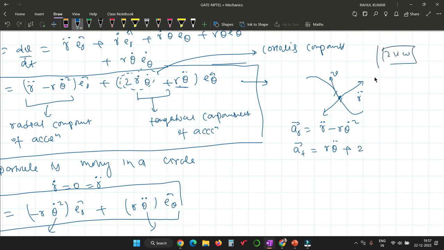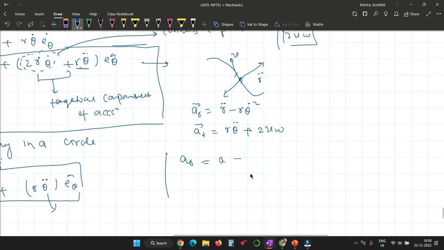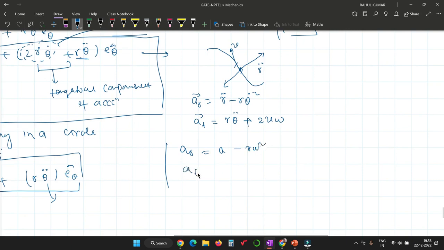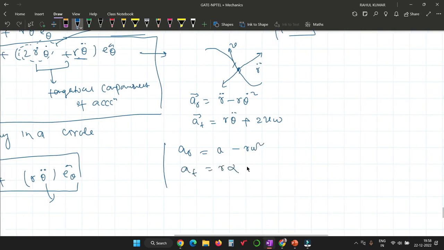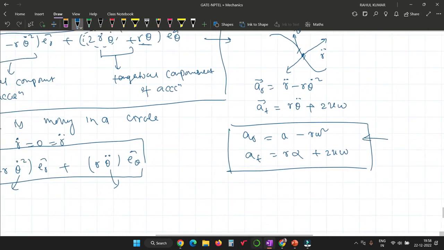In simple terms, a_r is a minus R omega square, and a_t is R alpha plus 2v omega. Now this becomes easy to remember.